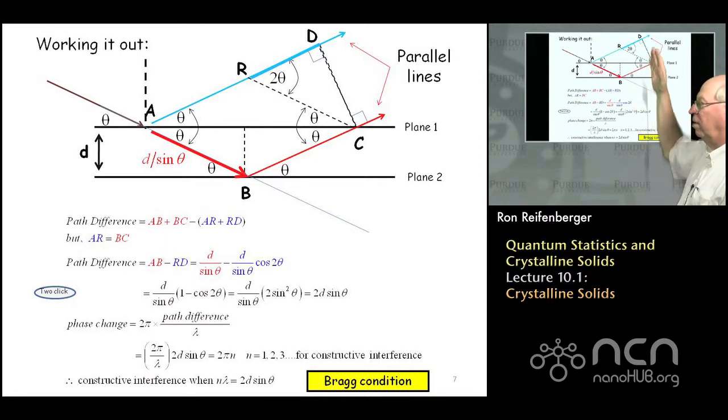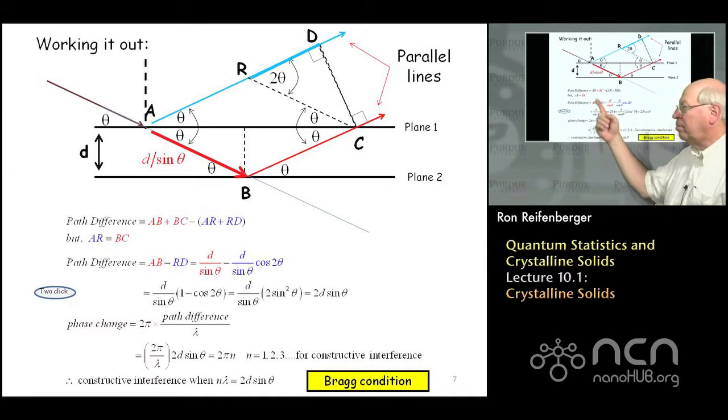After this point, the two lines are parallel, so there's no path length difference. If there's any path length difference, it's going to have to happen in this region of the diagram. And then it's just a simple question of geometry to sort out what that path difference is.